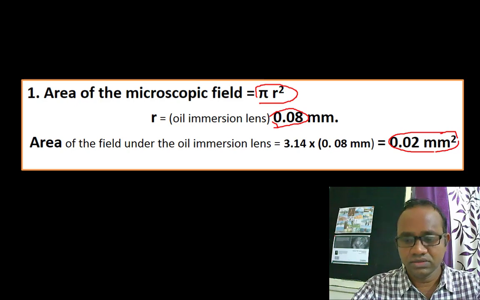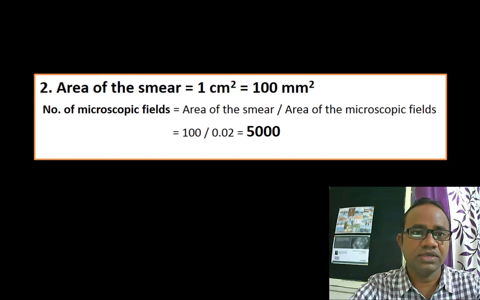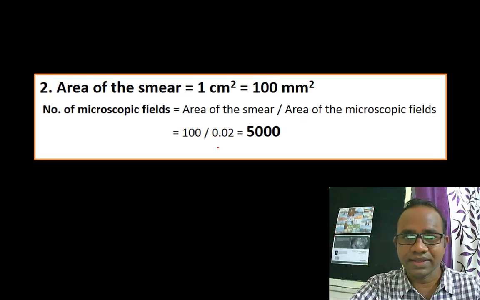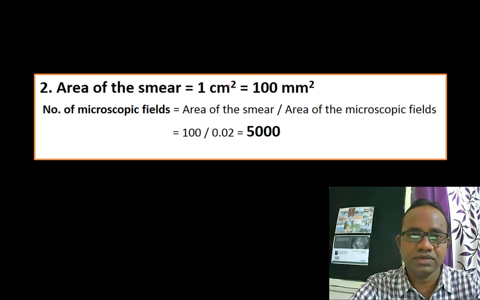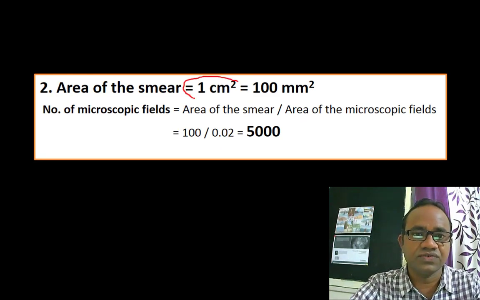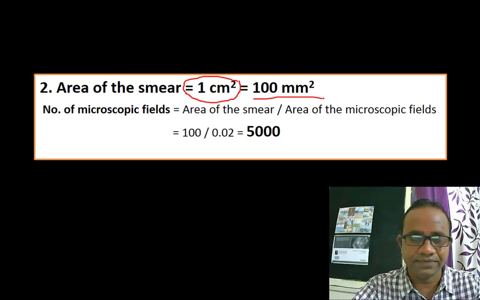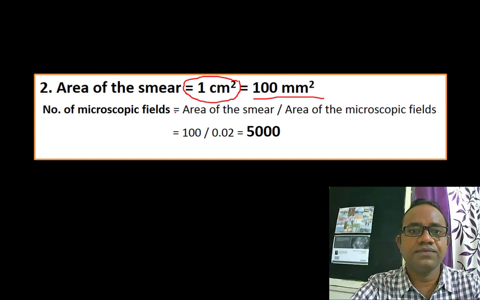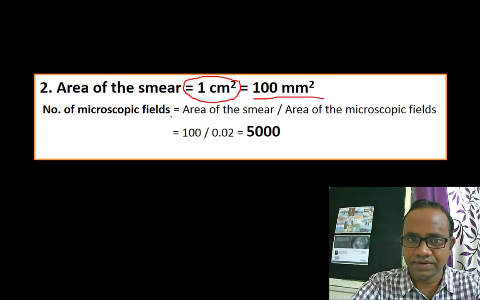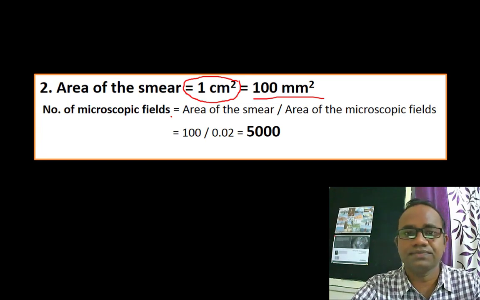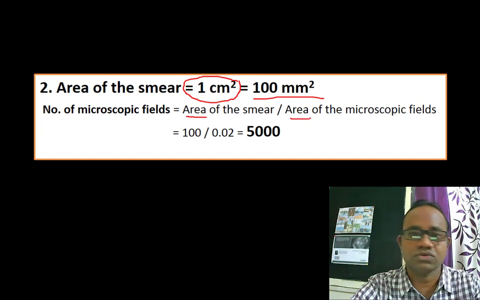The second important thing is the area of the smear. To calculate the total area of the smear, generally it is 1 centimeter square. When converted to millimeter square, it becomes 100. This is the standard area of a particular smear. So the total number of microscopic fields can be obtained from the area of the smear and the area of the microscopic field.